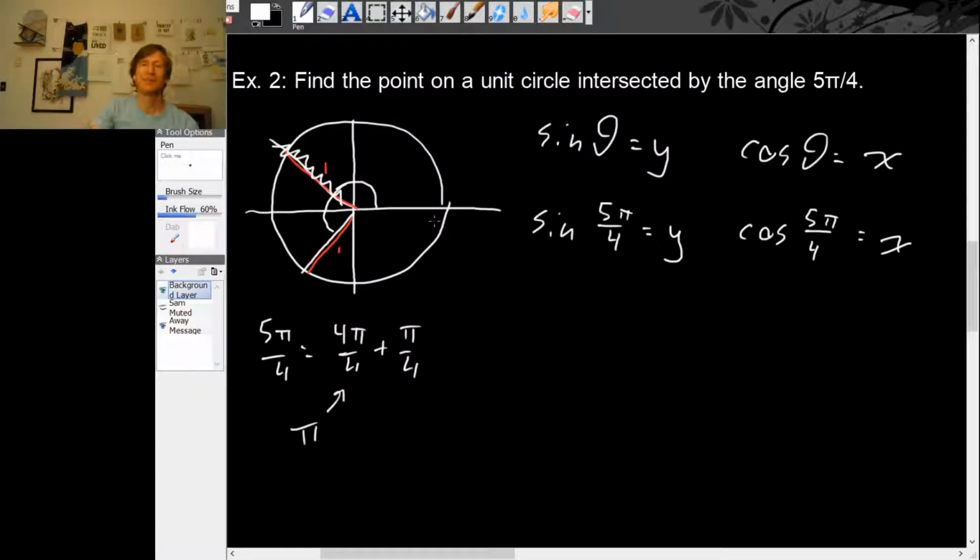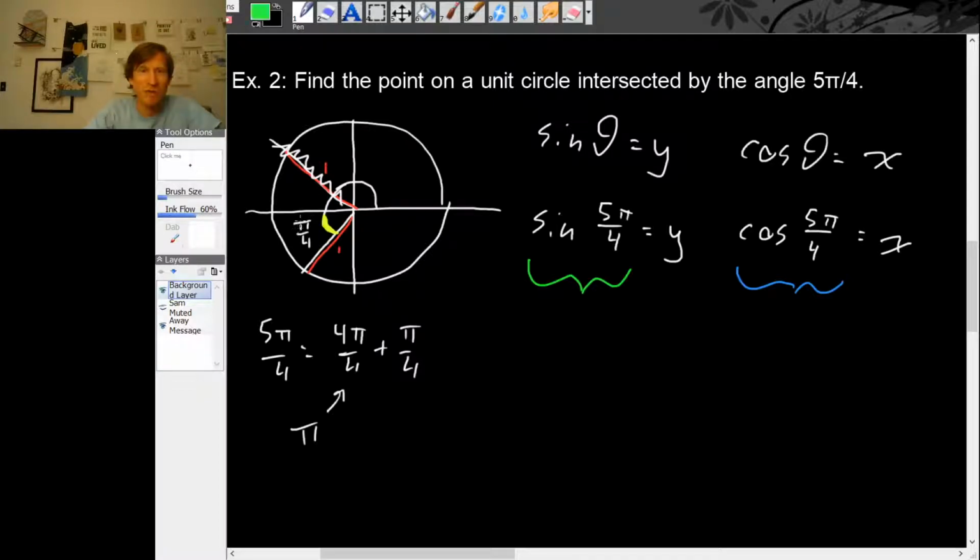Okay, so now that I have this angle in the right place, let's figure out how we can evaluate sine of 5 pi over 4 and cosine of 5 pi over 4. Well, if you look at this angle, since it's pi plus pi over 4, the little bit of this angle that sticks out right down here is pi over 4.